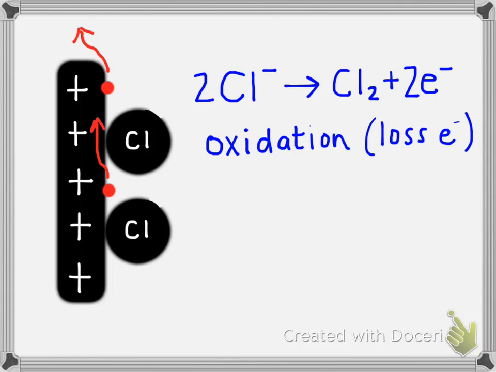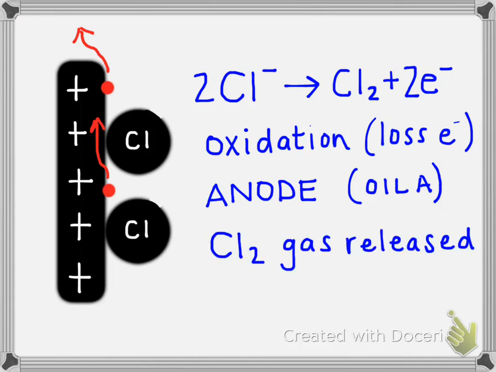The electrode at which oxidation takes place is defined as the anode. So in this electrolytic cell, the positive electrode is the anode, and you remember the acronym OIL RIG. OIL stands for oxidation is loss, and then the A stands for anode. So oxidation is loss at the anode.